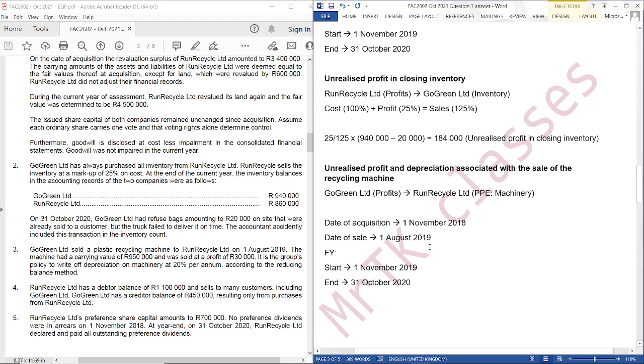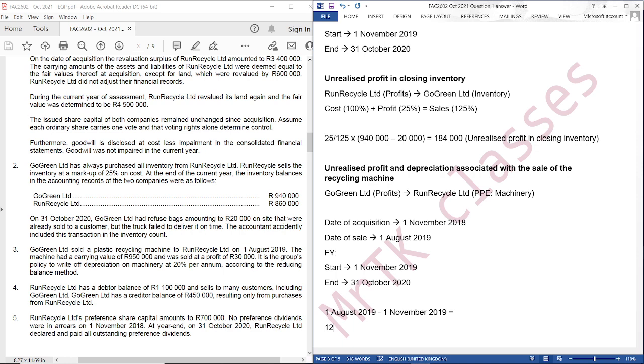So we are going to say from 1 August 2019 up to the start of our financial year. How many months is this?